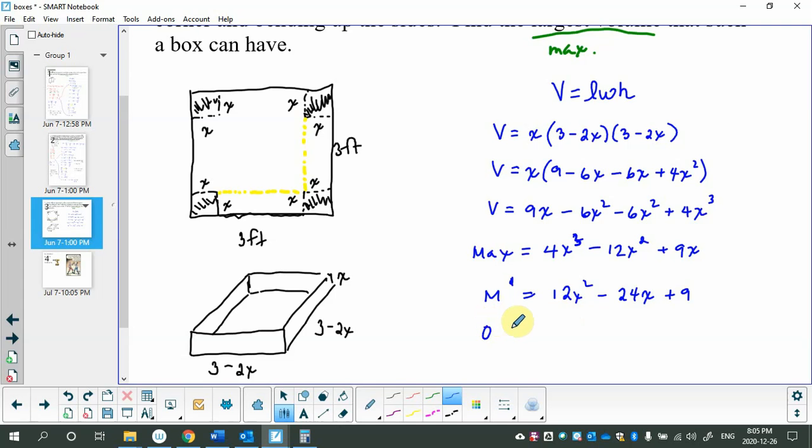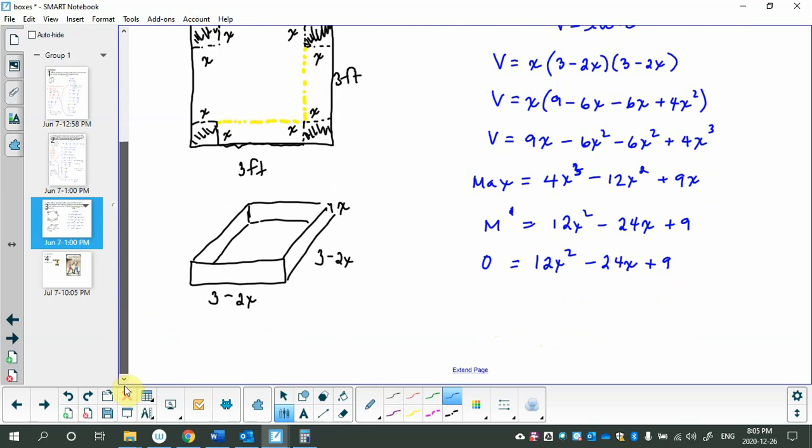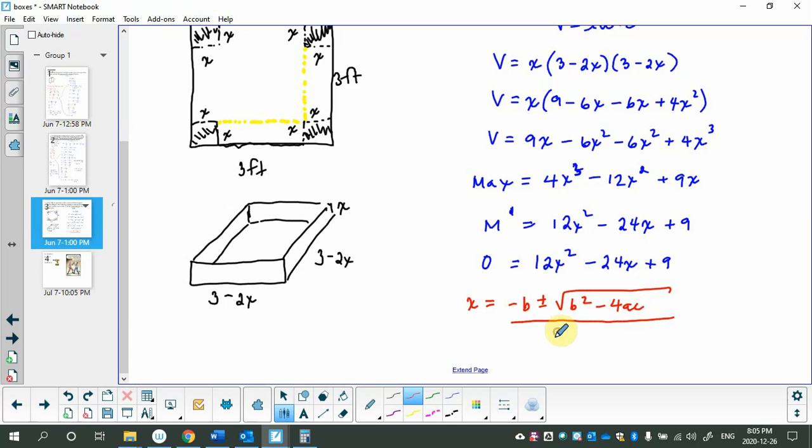I am not 100% sure that that is factorable. It is a quadratic. I'm thankful that there's no fractions, but I don't think that's factorable, so I am going to dig out the quadratic formula. So x equals negative b plus minus root b squared minus 4ac all over 2a.